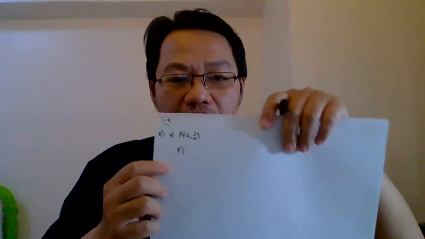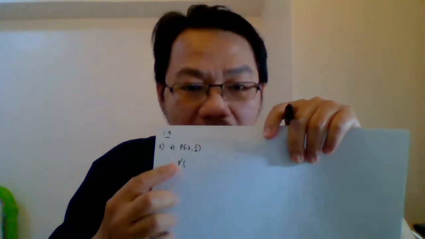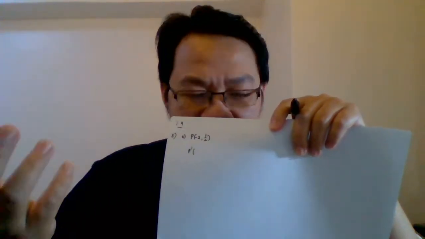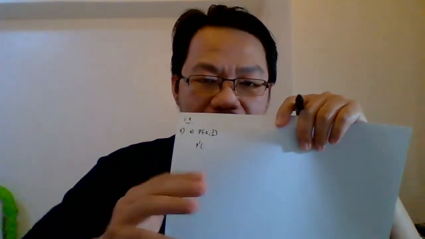Let's write P prime as the point on the inverse function. To find the coordinate of point P prime is very easy. This is (x, y), right? When we inverse the function, that means we revert back, so the coordinates of x and y will be swapped.